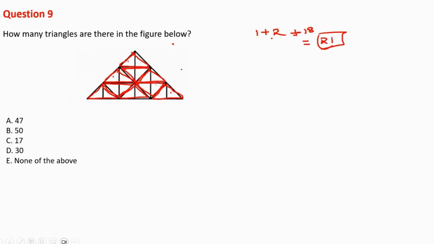Now we can do it vice versa. We can do it the other way around also. We came up to down. Now we can do it left to right also.